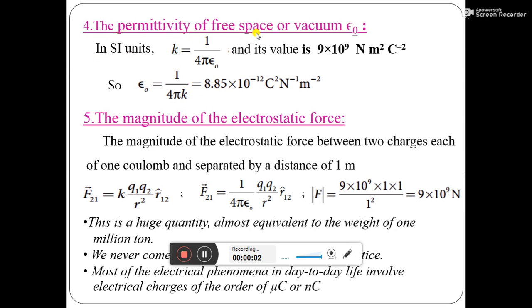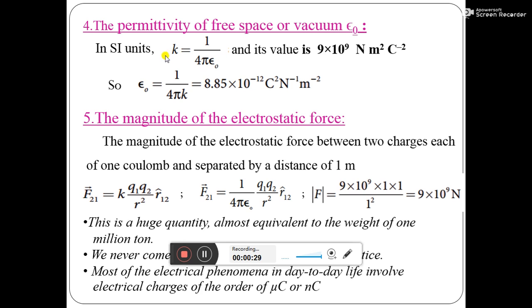The permittivity of free space or vacuum, epsilon naught. This can be determined from the equation k equal to 1 divided by 4 pi epsilon naught, where k is nothing but the proportionality constant and its value is equal to 9 into 10 to the power of 9 newton meter squared per coulomb squared.